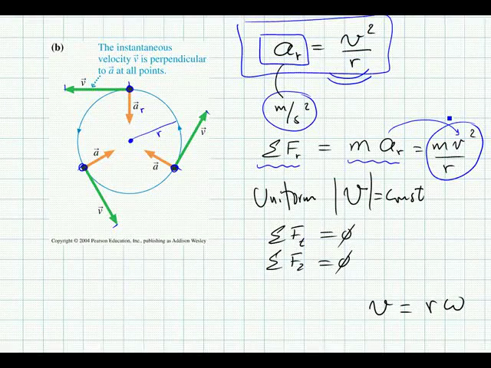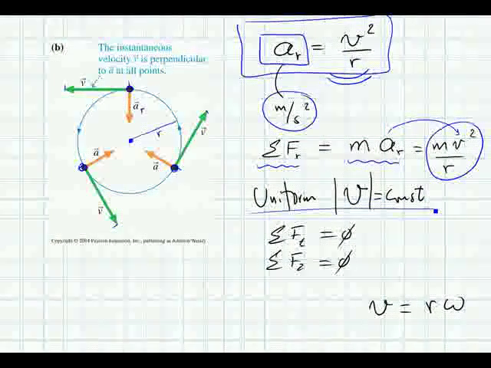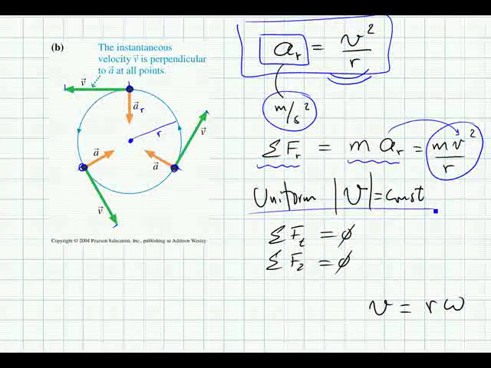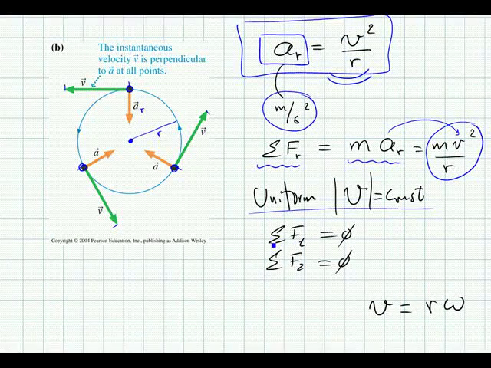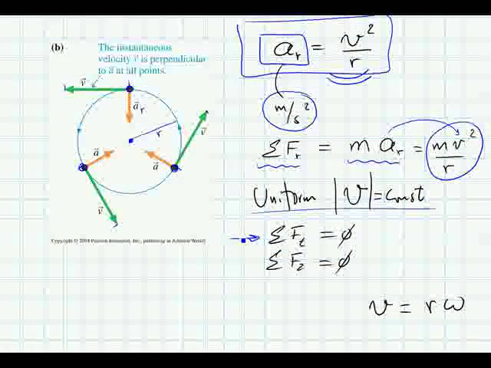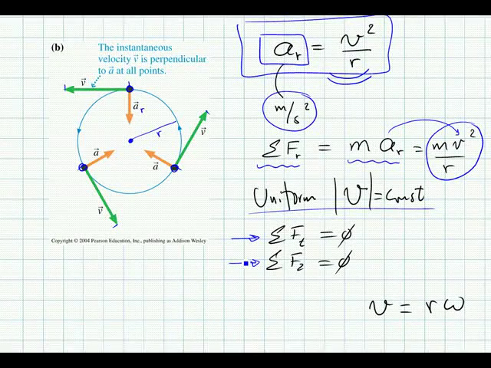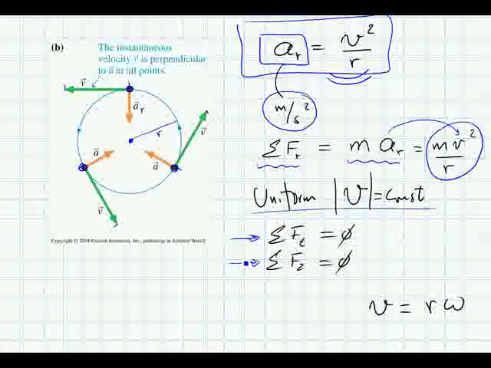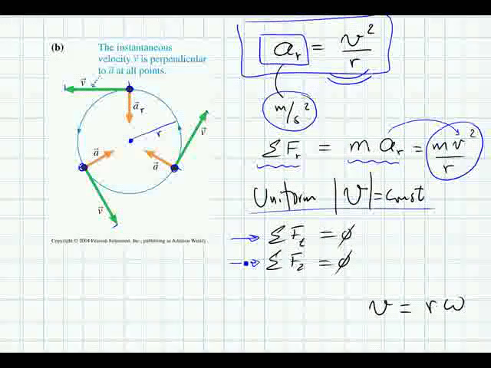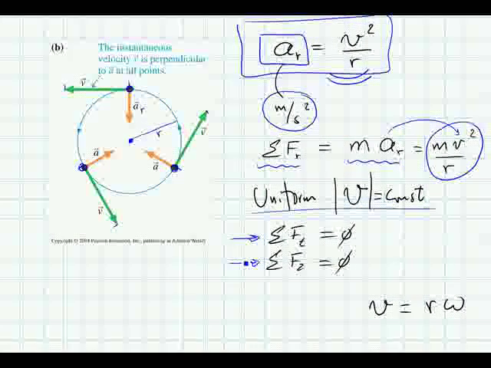Now in uniform circular motion, we said v is constant, therefore the sum of the forces along the tangential direction is equal to 0, and the sum of the forces along the z direction is equal to 0, because we only have acceleration in the r direction, the radial direction.